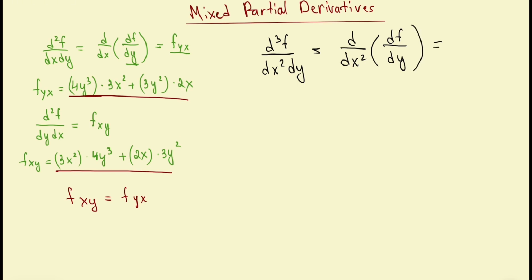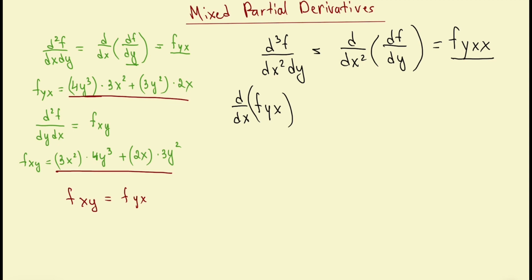So this can be written as f of y xx. So we already have the derivative with respect to y, then x. So if we derive this one more time with respect to x, we're going to get f of y xx.